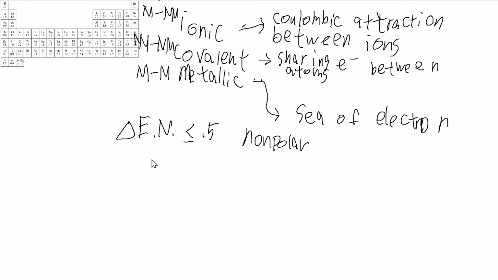And this means that the electrons are shared roughly equally. If we have an electronegativity difference delta EN that is greater than 0.5 but less than 2, or 1.9, this is called a polar covalent bond. Now the electrons here are more skewed toward one atom than the other.